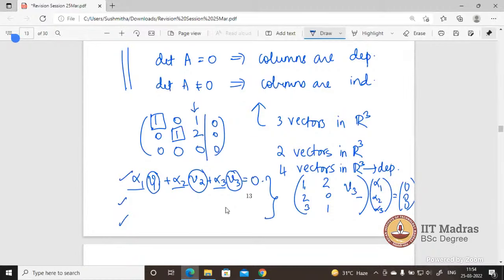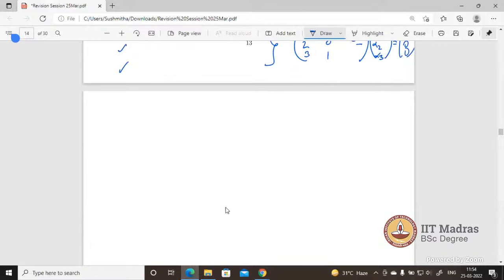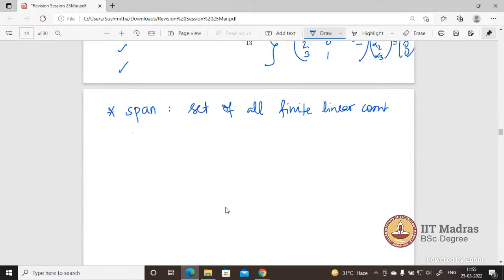Okay. So what is the span of a set of vectors? It is the set of all finite linear combinations of the vectors. With the help of these vectors, we can write any linear combination. You know what a linear combination is, right?